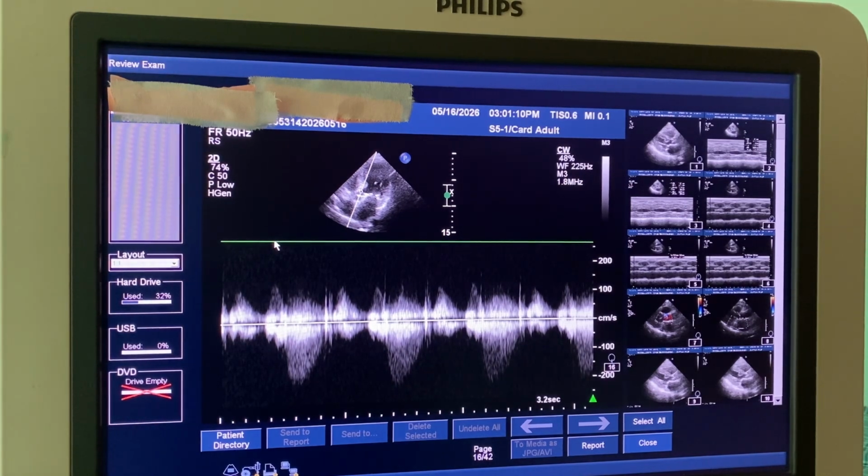Next thing, we look at the aortic valve area.